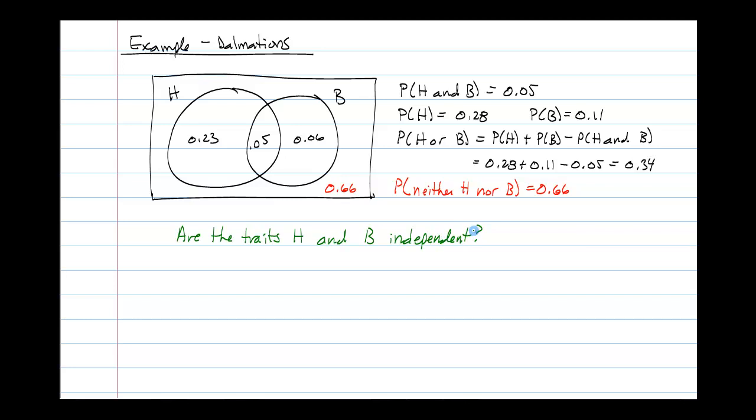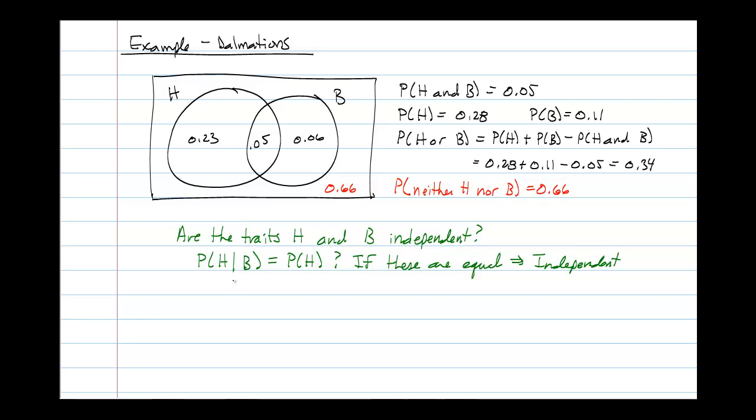Well, one way that we could check for this is we could try and determine some of the probabilities. So we could look at the probability of hearing impaired given blue-eyed and look to see, does this just equal the probability of being hearing impaired? If this is true, that would mean that the two variables are independent.